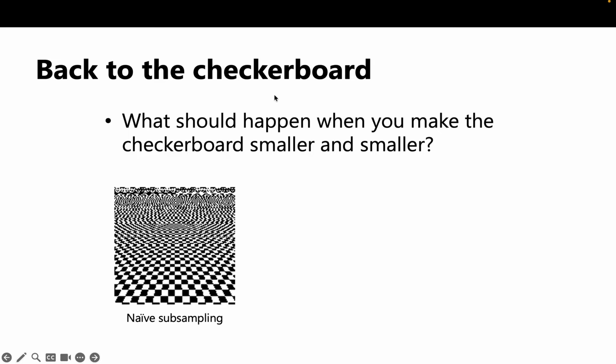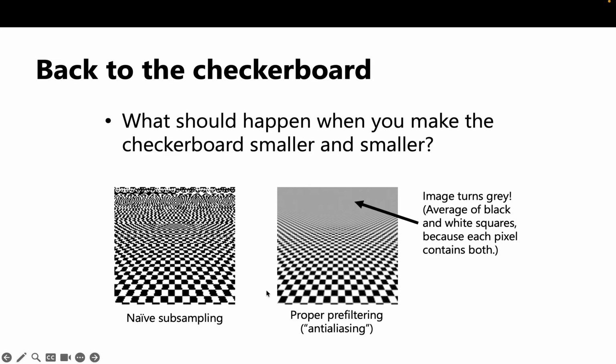And then if we have this checkerboard image, what will happen when you make the checkerboard smaller and smaller? The left-hand image is a naive subsampling method, and on the right image, you apply the Gaussian filter and then do the subsampling.